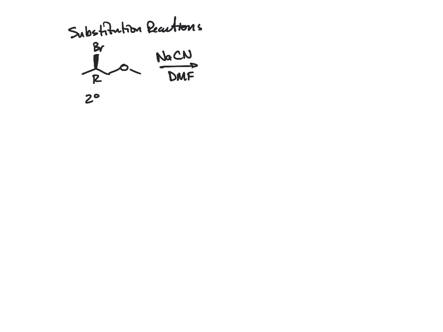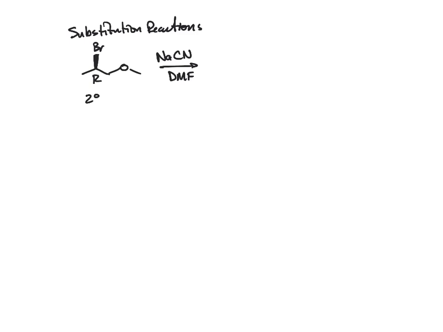It's this wedge and dash convention that tells you if inversion occurred. You have to figure this out no matter what. Don't assume that when an inversion occurs, R is going to go to S, and S goes to R, because that's not always true.